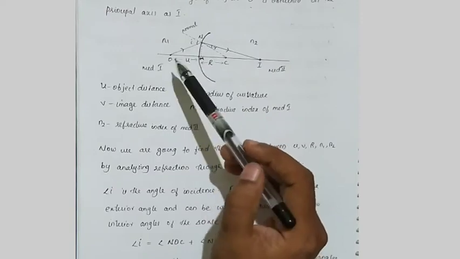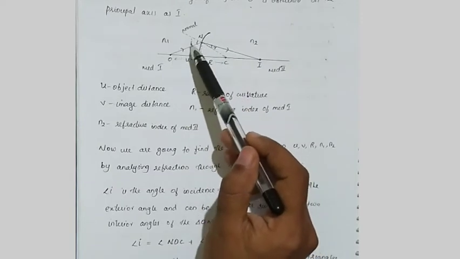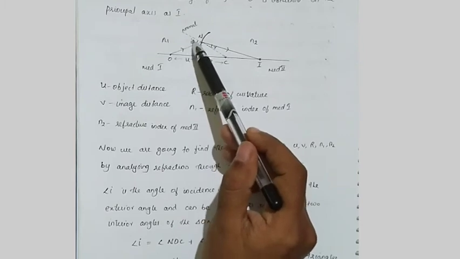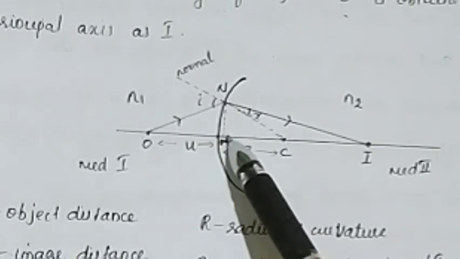So we were discussing the triangle ONC, where we saw that the angle of incidence can be taken as the exterior angle of this triangle. Now we are going to divide this triangle into two right angle triangles, by drawing a perpendicular from N to the principal axis, and the perpendicular line from N can be approximated to the aperture NM.